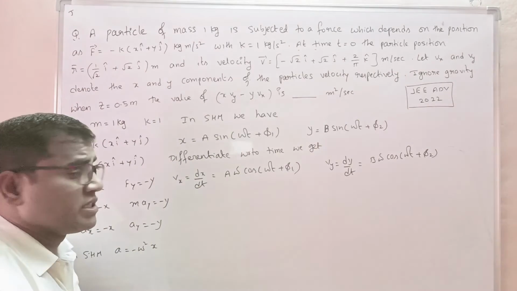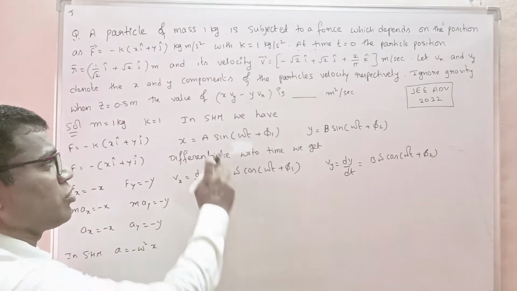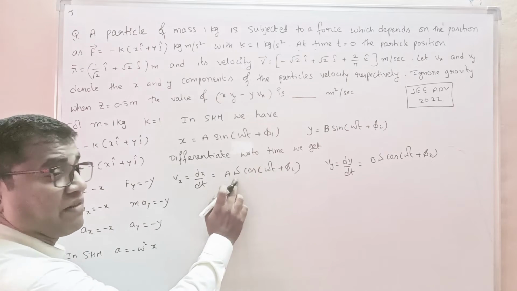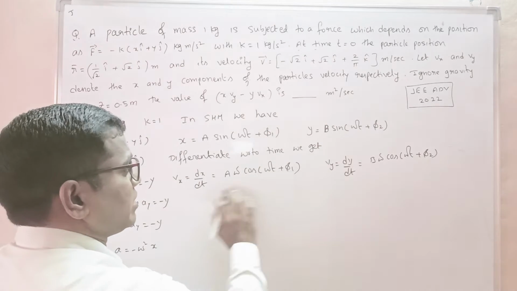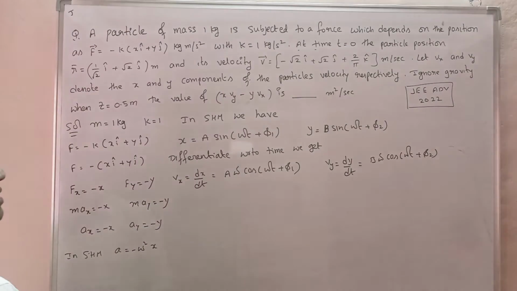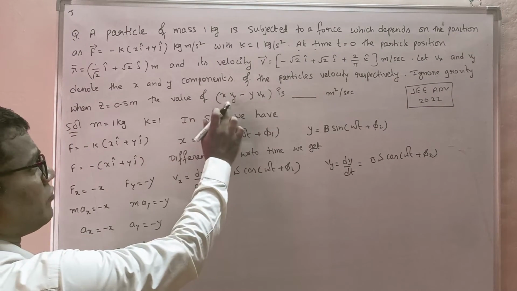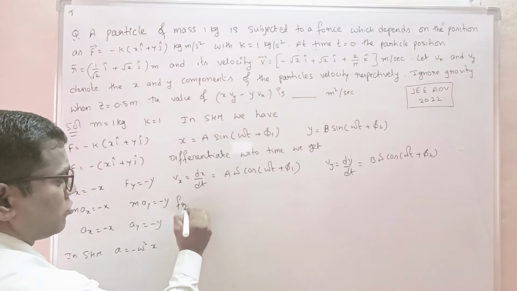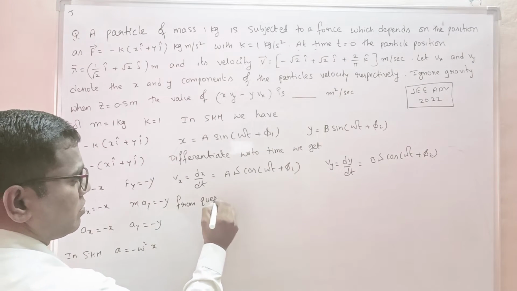We know the differentiation, right? Sin becomes cos, and for ωt, ω will come out. I differentiate for both. And now we will see what he is asking. He is asking for the value of x Vy - y Vx.